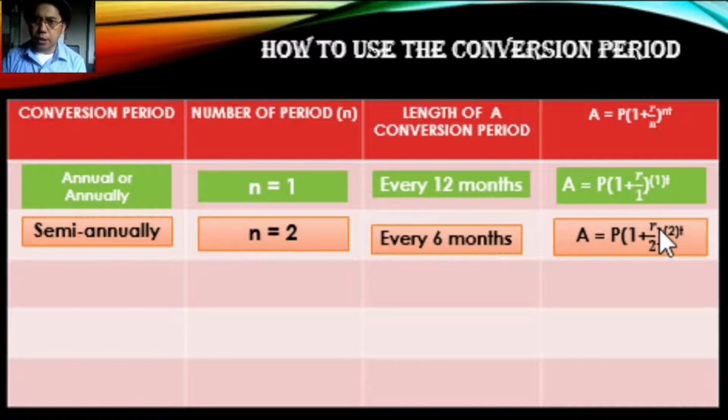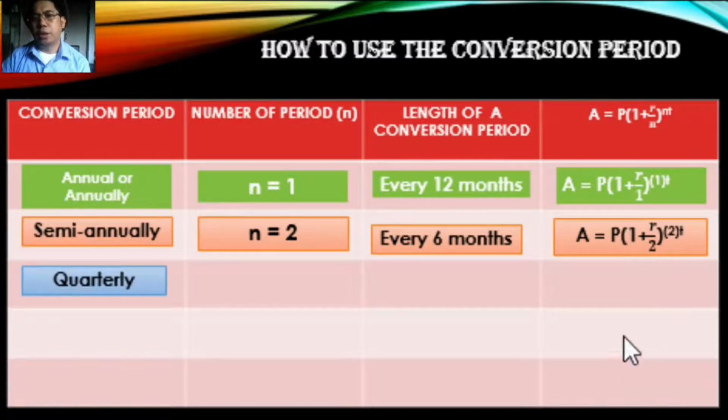As you will notice, your n, which is 2, is your divisor, and your factor in your exponent is 2. So that is how to use the conversion period 2, or semi-annually.